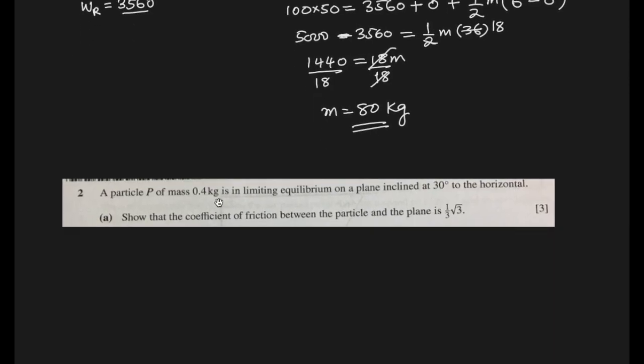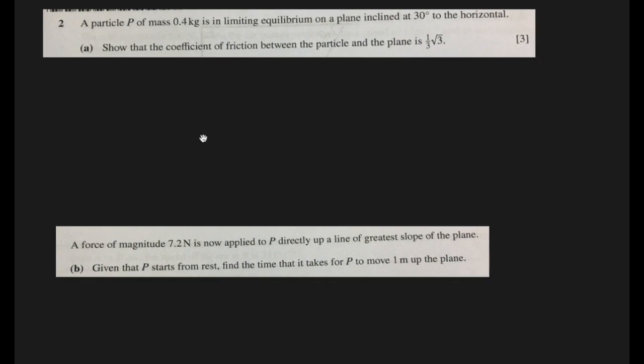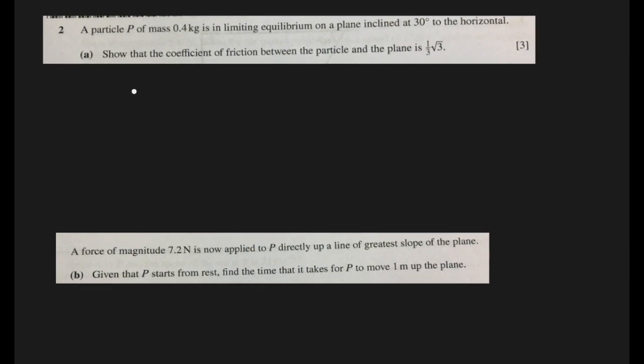Okay, question number 2, part A. A particle P of mass 0.4 kg is in limiting equilibrium on a plane inclined at 30 degrees to the horizontal. So let me draw it here. This angle is 30 degrees.